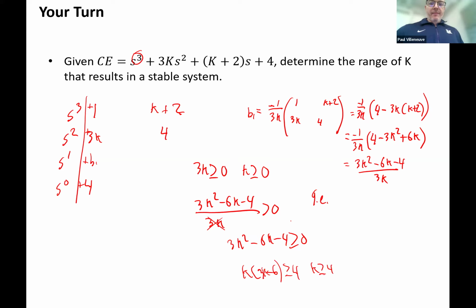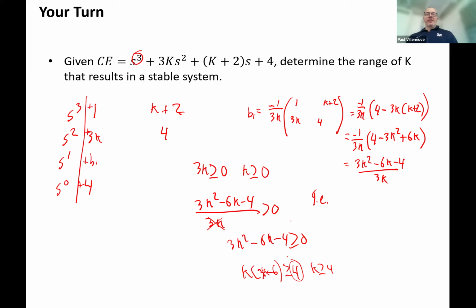Well, you can't say that. You'd have to say K is going to be greater than or equal to 4 over 3K minus 6, right? Because I brought a 4 over here, it's not a 0. So that doesn't really help me all that much because it's still an inequality.